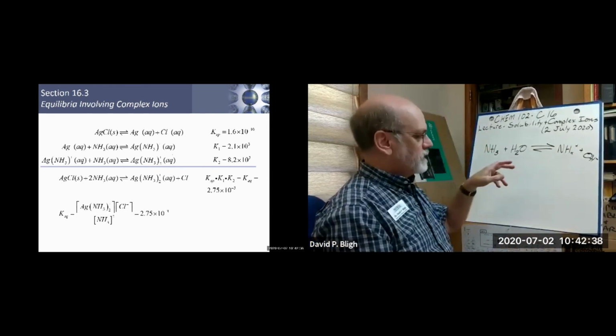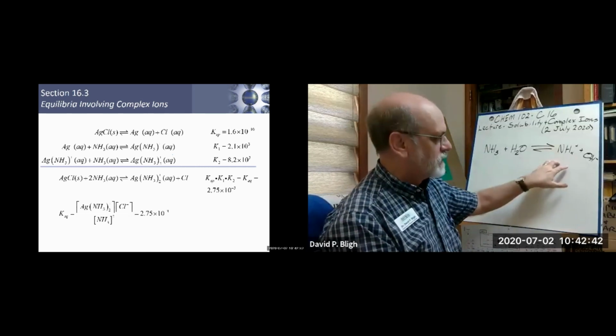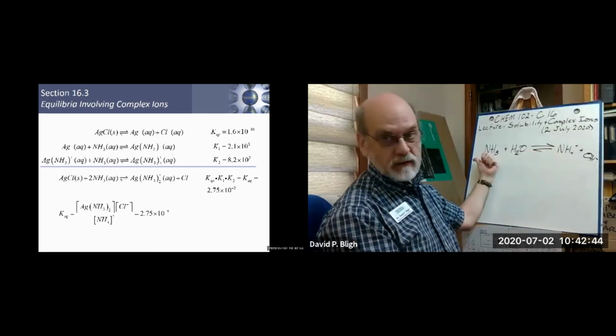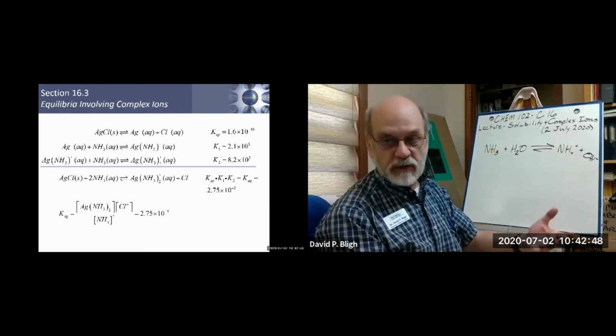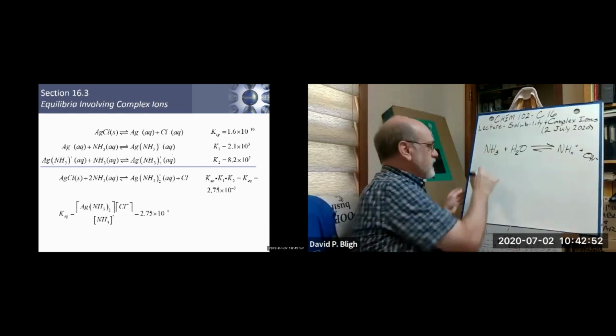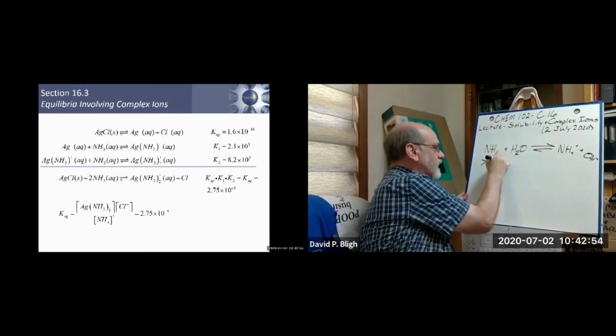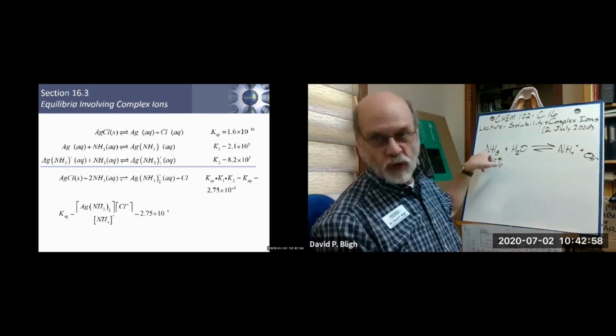is this one. Okay? But the equilibrium constant for this expression is way over here. And I show you the calculation in the document that confirms that greater than 95% of the ammonia is still in that form.